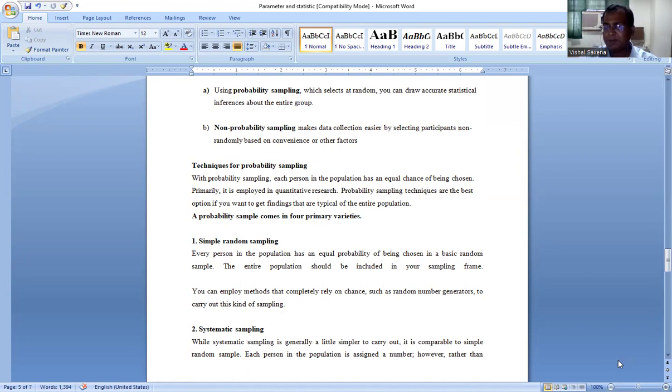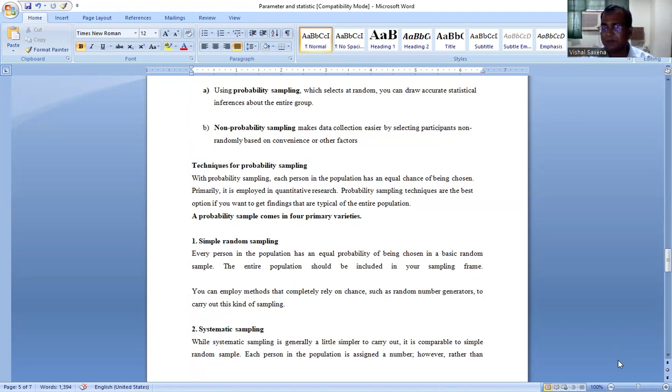Here in the simple random sampling procedure, no one should be excluded from the population when making the sampling frame.